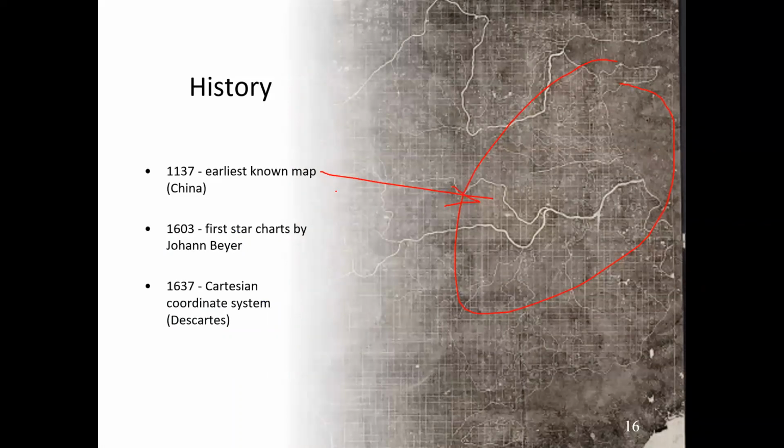I think this is not the earliest known map, but this one is the most accurate, or whatever the accuracy, very close to today's map, right? Found in the history, found actually in China, right? And just type the year, and also type earliest known map in China, then you will get to this map, right?